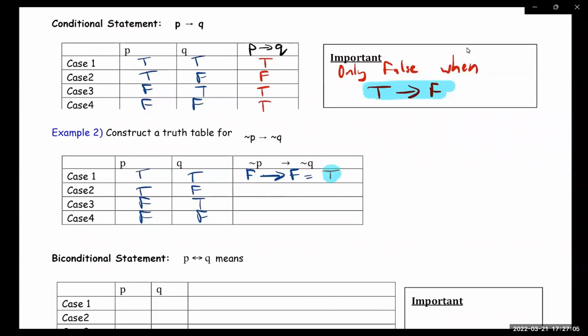It's a little bit strange to think this way, but that's just the way the definition goes. So for the next one, the negation of P would be false, right? The negation of Q would be true. And by definition of conditional statements, this is going to be true because it starts off with the false. So this is also true.